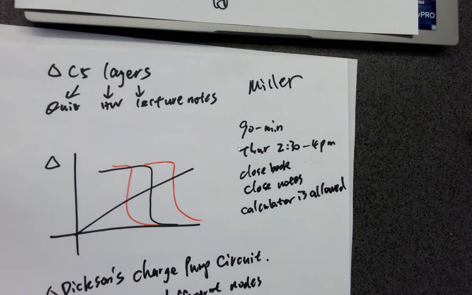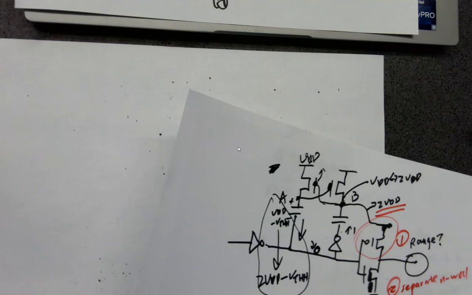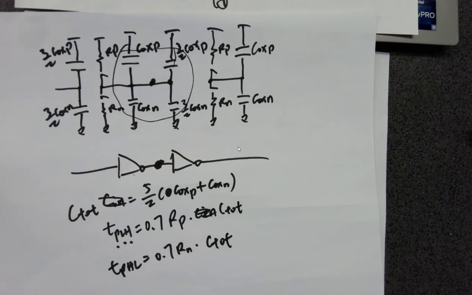For the TPLH and the TPHL, the TP low to high is calculated with the PMOS resistance, and the NMOS resistance is for TPHL. Yes. Is the exam going to be here or in the lab? I don't know if there's a class schedule in the classroom. I think here is better. If here is not available, we'll do it in the lab. Otherwise, we'll come here. Just next door is easy.